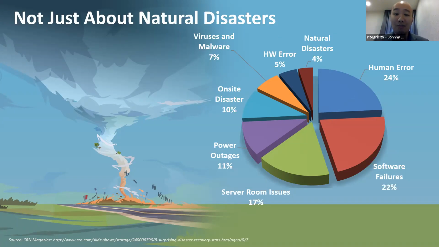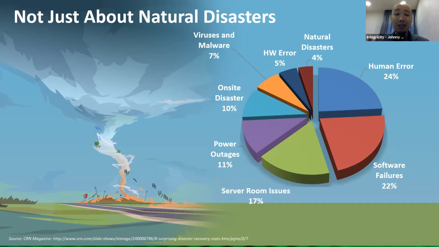Human error, software failures, and server room issues top the statistics. In fact, natural disasters account for only 4% of the total cost of issues or failures.